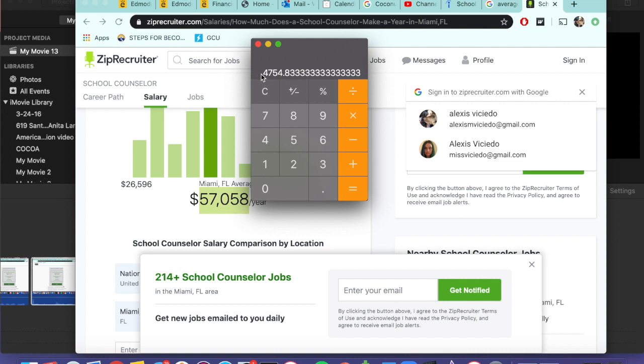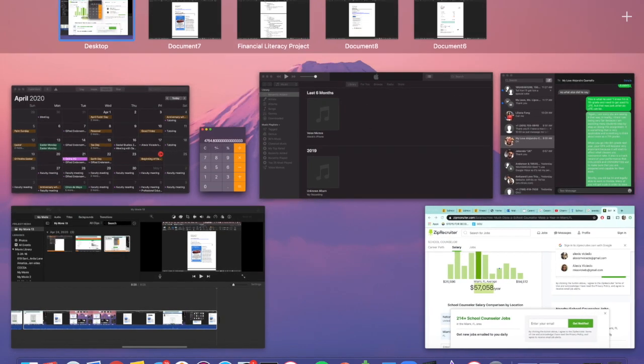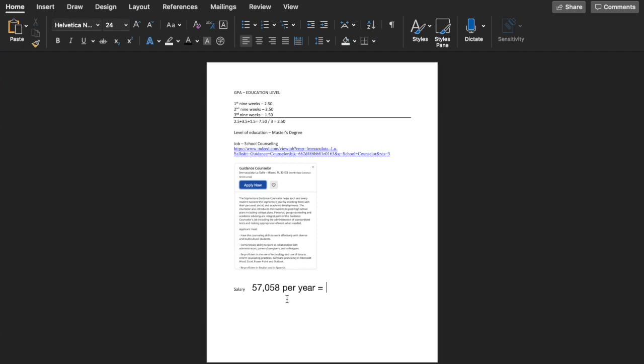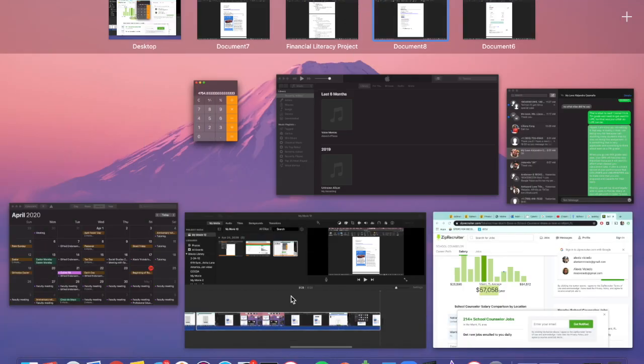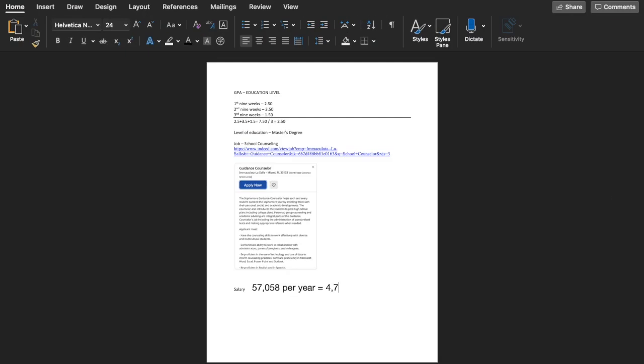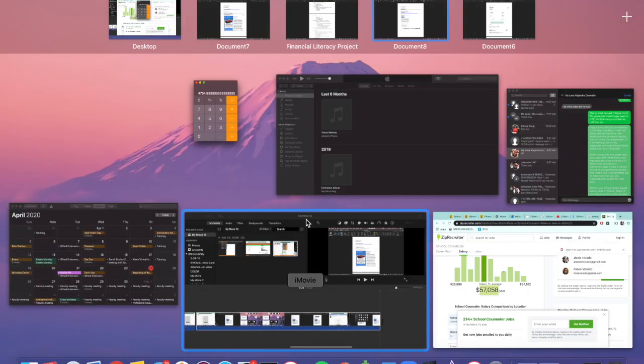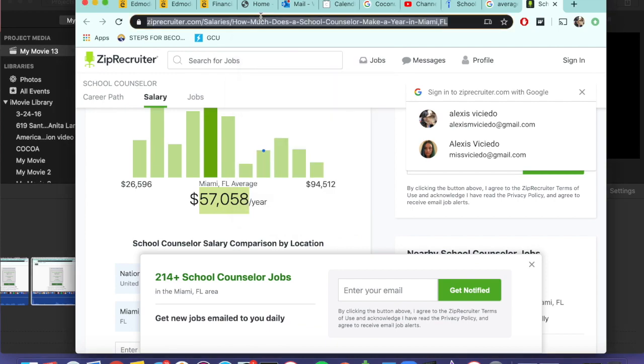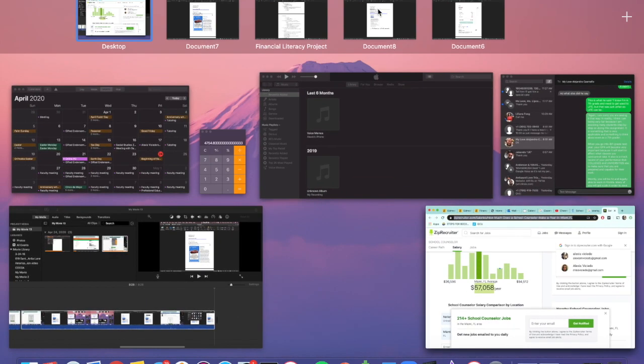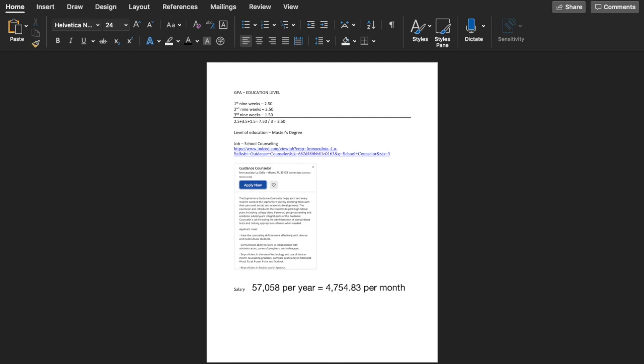That means the amount of money we would earn per month is $4,754.83. Okay, so we have that done, and I'm going to include my source of where I got that information from. So I'm just going to copy and paste the link. So now we have that.